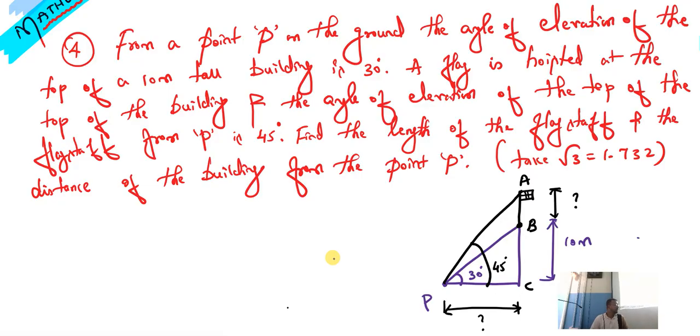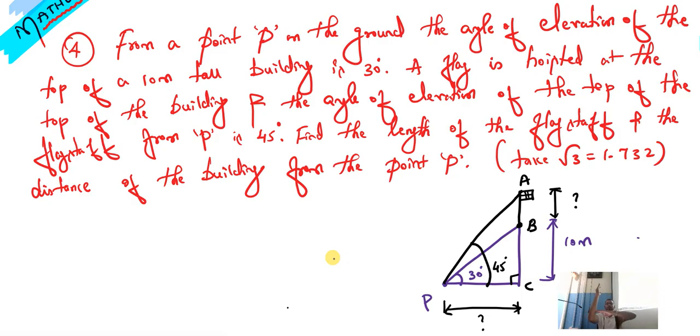I hope you understood the diagram. Yes, figure understood. We know that always the height of the building and the base of the ground are perpendicular. How do we construct a building on the ground? Perpendicular only. You will not construct the building tilted.